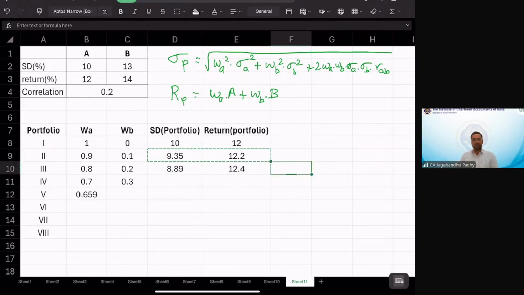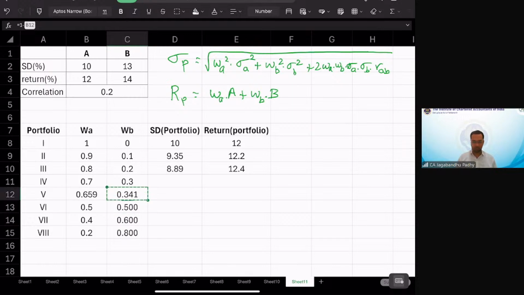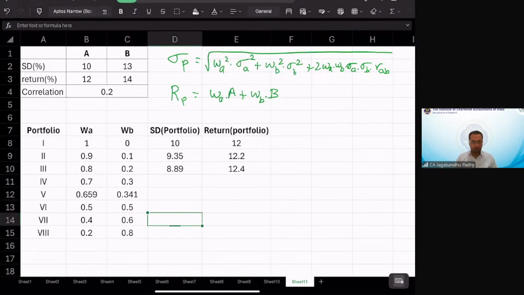If you're getting these numbers. Third case is 8.89. Got it? Okay. So now you're good enough to calculate these numbers.